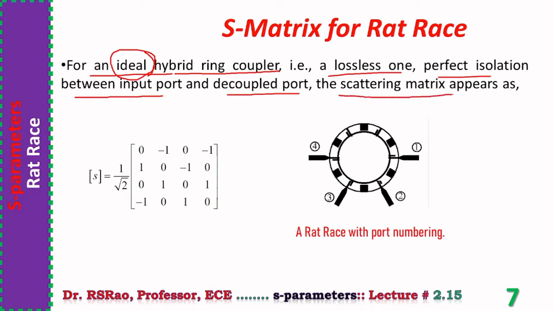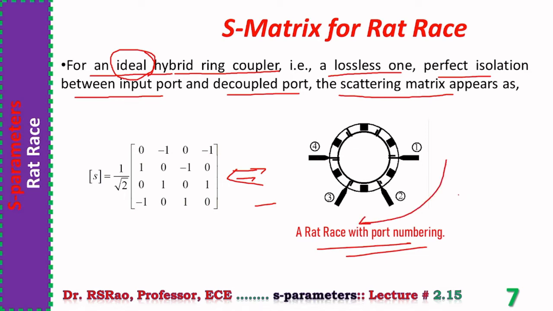Its scattering matrix appears as S is equal to 1 by root 2, 0 minus 1, 0 minus 1, 1 0, minus 1 0, 0 1, 0 1, minus 1 0, 1 0. This matrix is with respect to the port numbering that is given in the symbol shown by the side of the matrix. 1, 2, 3, 4 clockwise numbering is given.